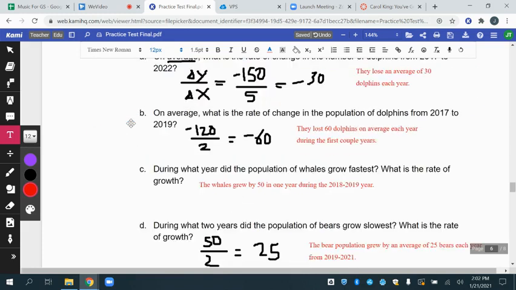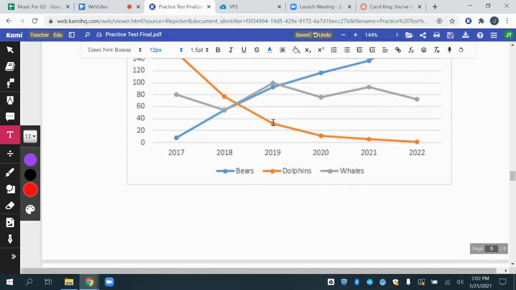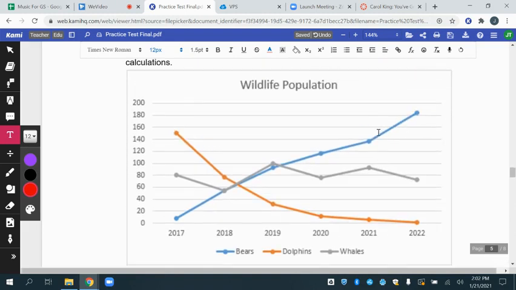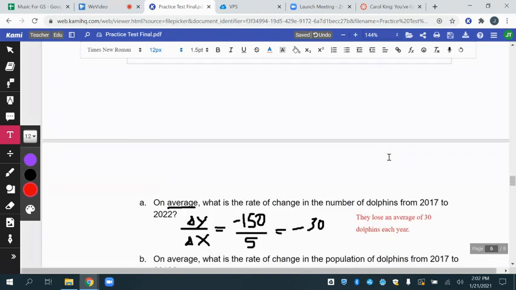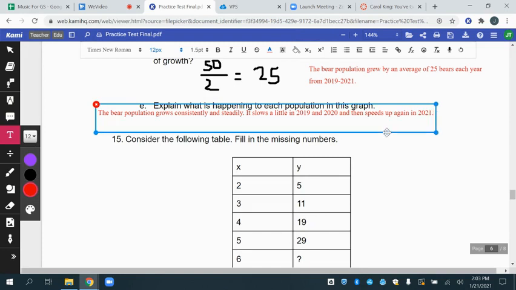Wait, 2018 and 2019, I think. 2019 and 2020, and then it speeds up again in 2021 until 2022. All right, sorry. 2019 and 2020. That's a good thing. If you wrote it in your own words, it's probably going to be slightly different, but that's okay. Okay, how about the next one?